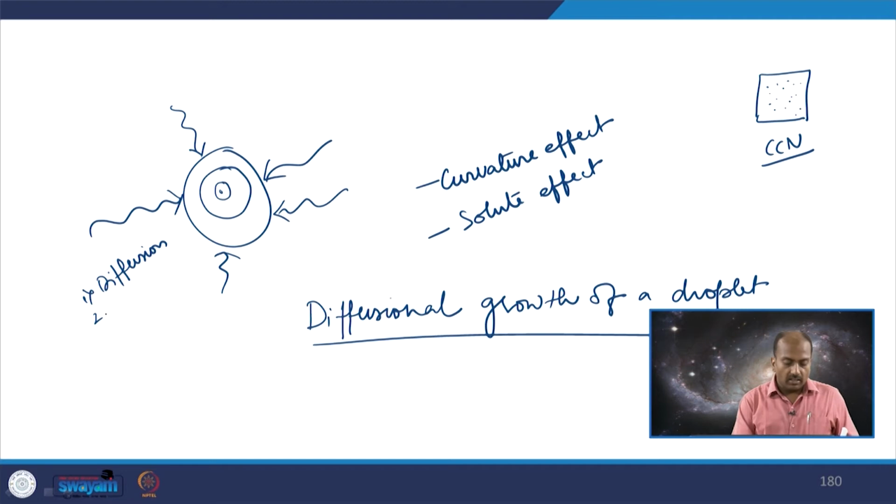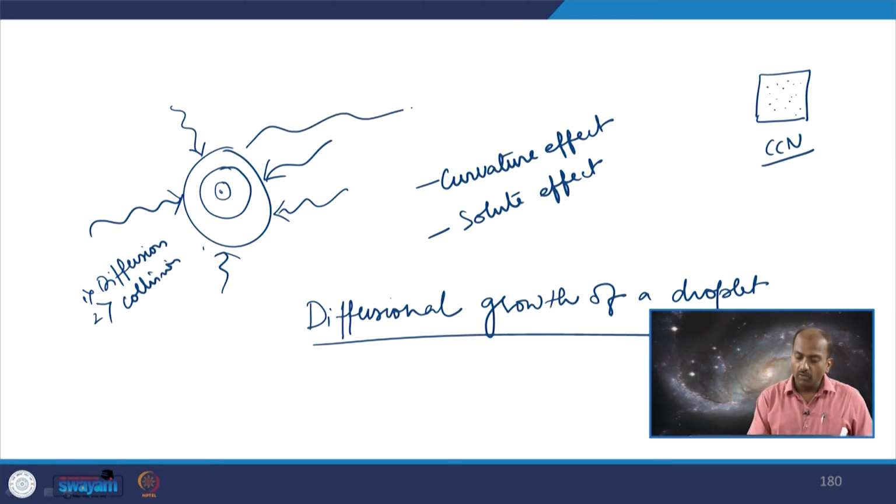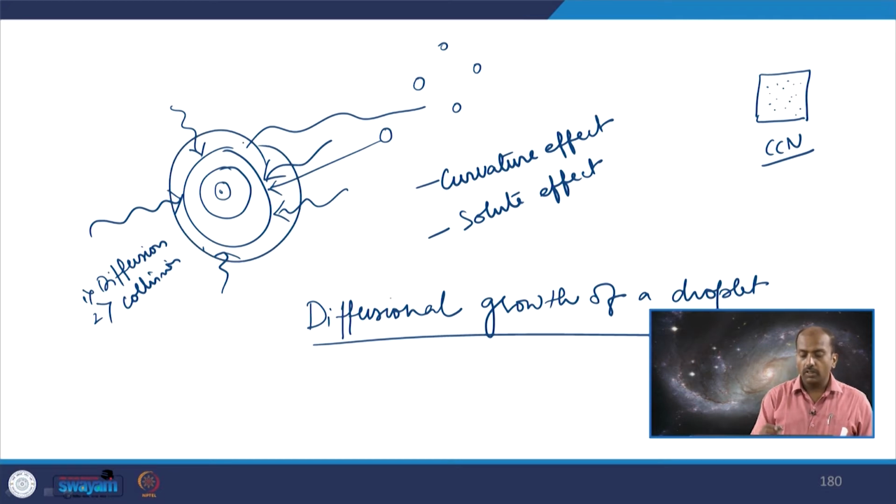Another mechanism is collision and coalescence. If the droplet has acquired some size or if the droplet is moving, it will collide with several other molecules or tiny droplets. They will stick to the droplet and contribute to the growth of this particular droplet, right.